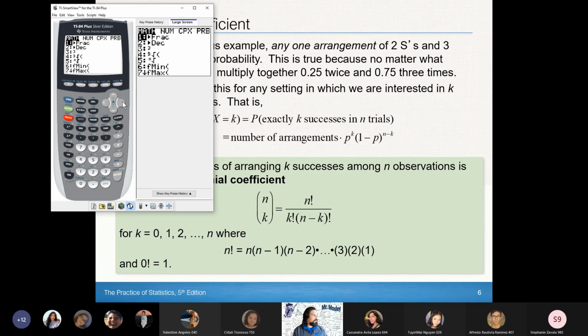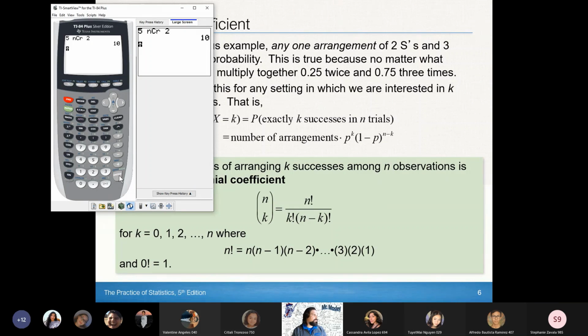Click over to highlight PRB, or probability, and we'll go to nCr, n choose r, which is the third option. Hit enter. I'm going to do 5 choose 2. Enter. I have 10 possible combinations.